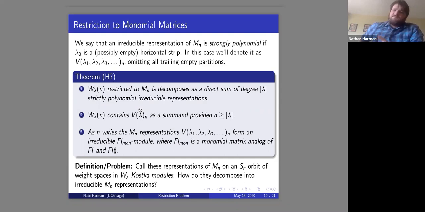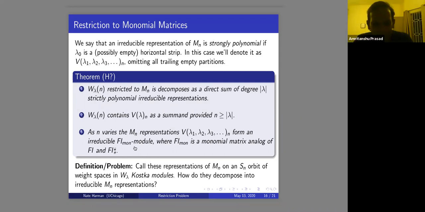But again, if you have this polynomial condition, it happens automatically. This FI mon really appears in the literature as FI sub G, or at least it's a special case of that. So it's something that people have studied. Usually they take G to be a finite group, but C star is well behaved enough that the theory goes through there as well.